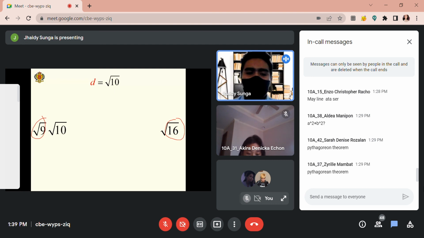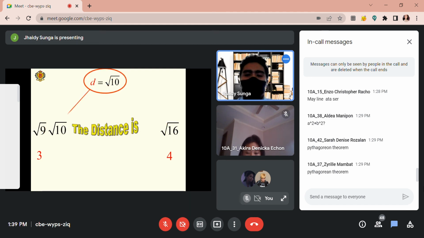The square roots of those two values are 3 and 4. On a number line, 1, 2, 3, 4, 5, where will you put the square root of 10? Of course, beside 3. So it is between 3 and 4.